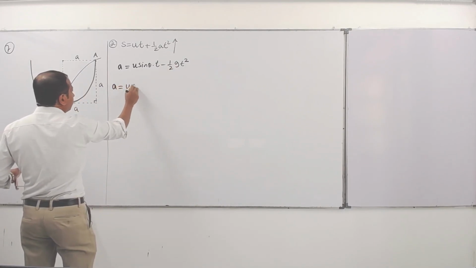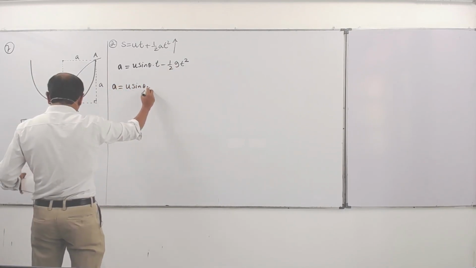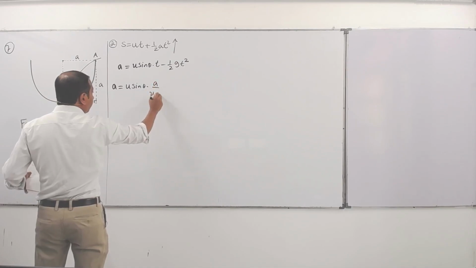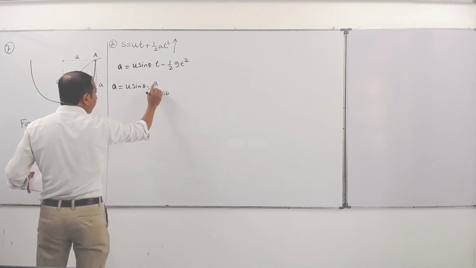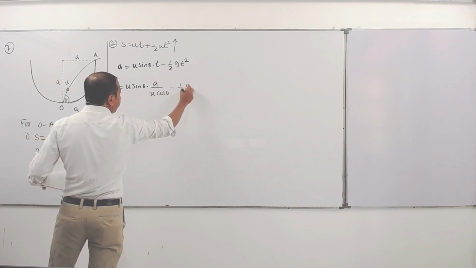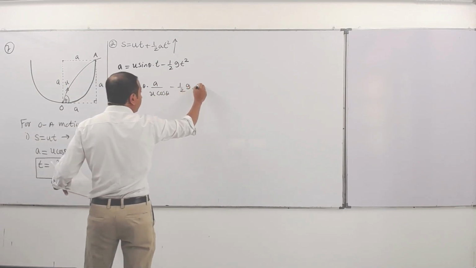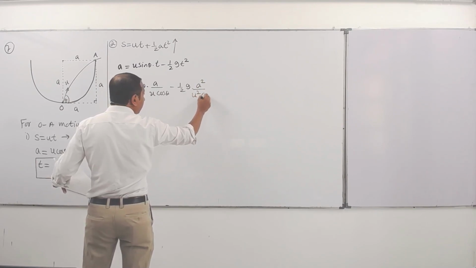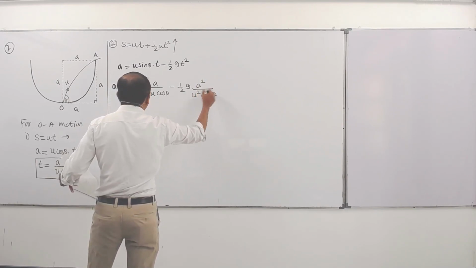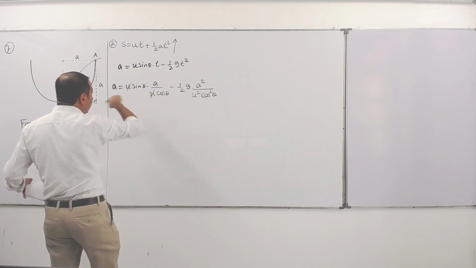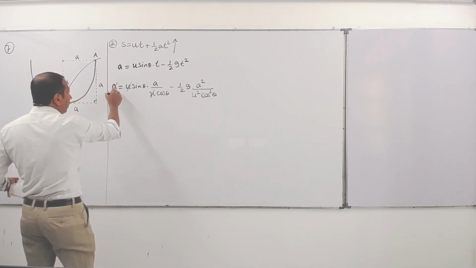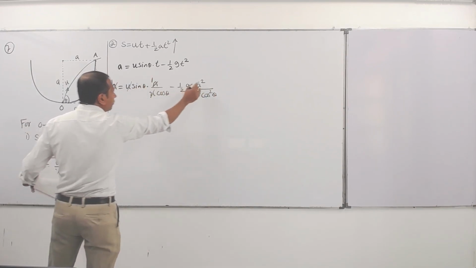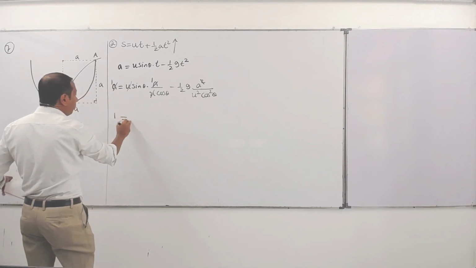A equals u sin theta, t means A over u cos theta, minus half g, t squared means A squared over u squared cos squared theta. This and this you can cancel down. And one A you can cancel down here. Here we get 1.